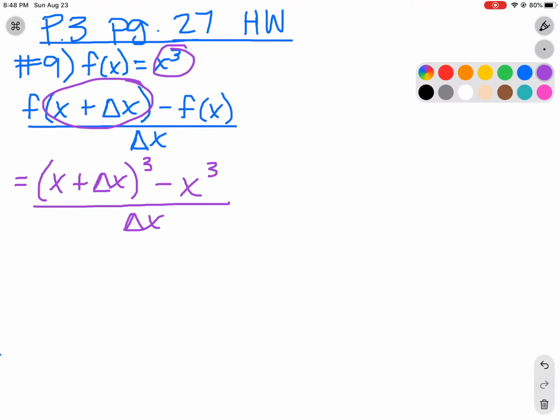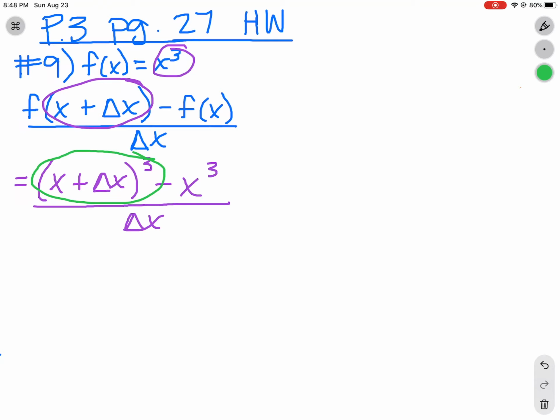So our big job here, it's not very hard, it's just algebraically looks kind of scary and nasty. Our big job is to cube this binomial, which looks even worse because of the delta x. The delta x isn't just like a number, it just looks a little bit scarier.